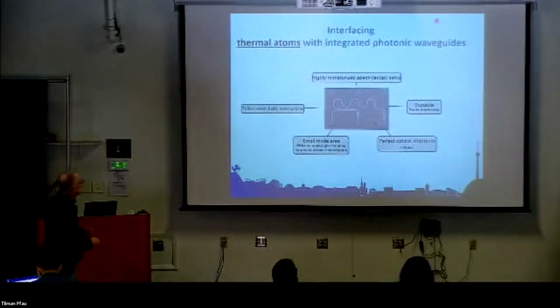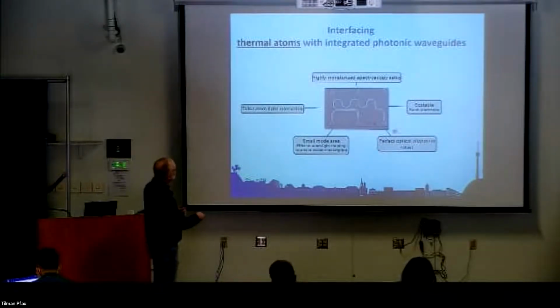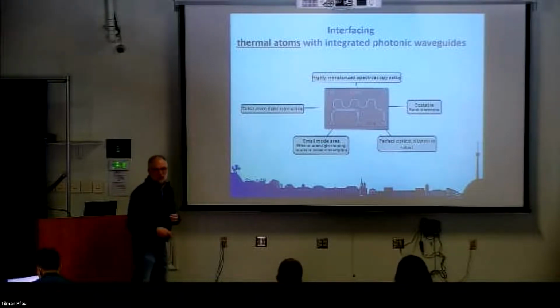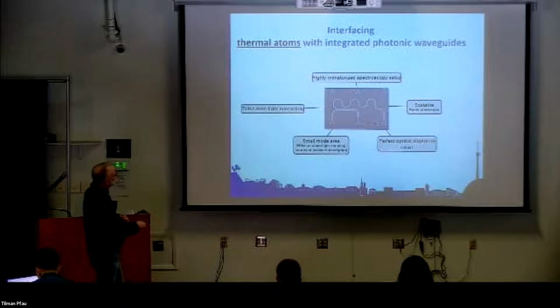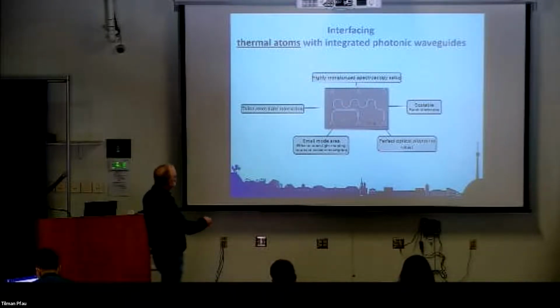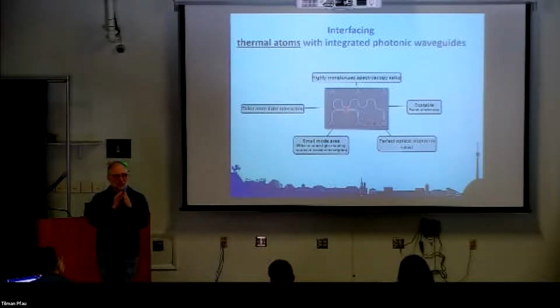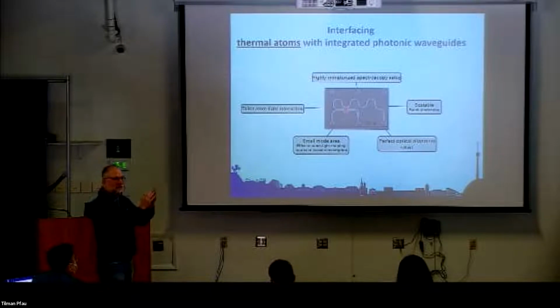Okay, so here you see a typical integrated photonic setup. It's actually a simple one, where you see guiding structures that curve around, and you see that two guiding structures can touch each other. That means that the photons can tunnel, if you like, from one guide to the other guide.